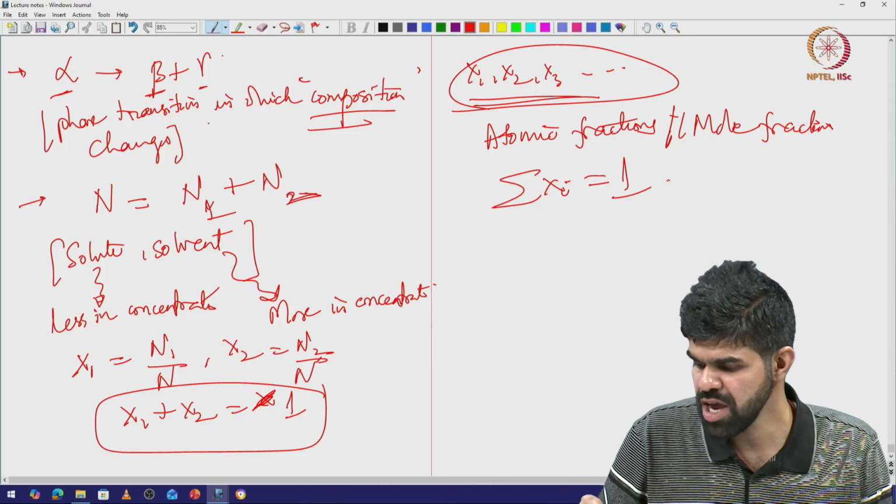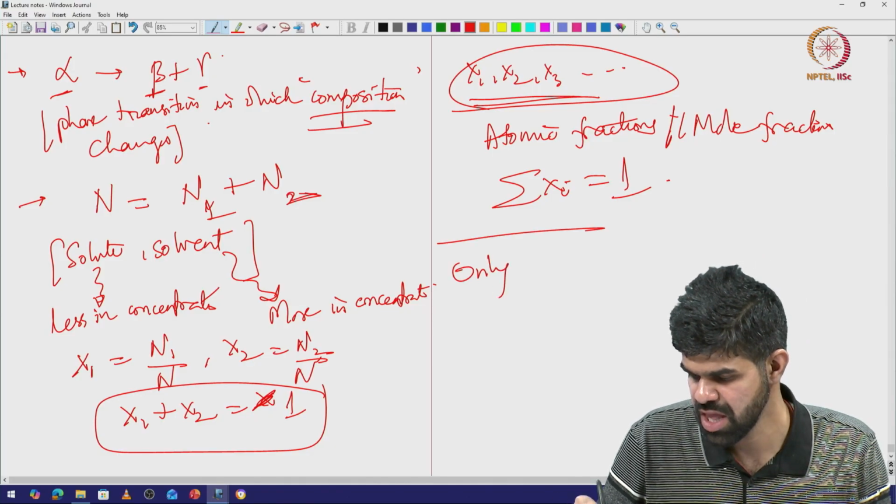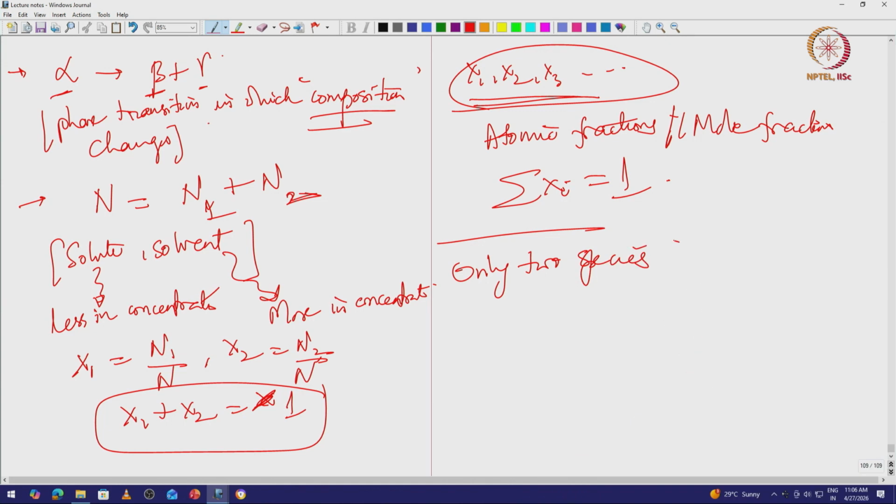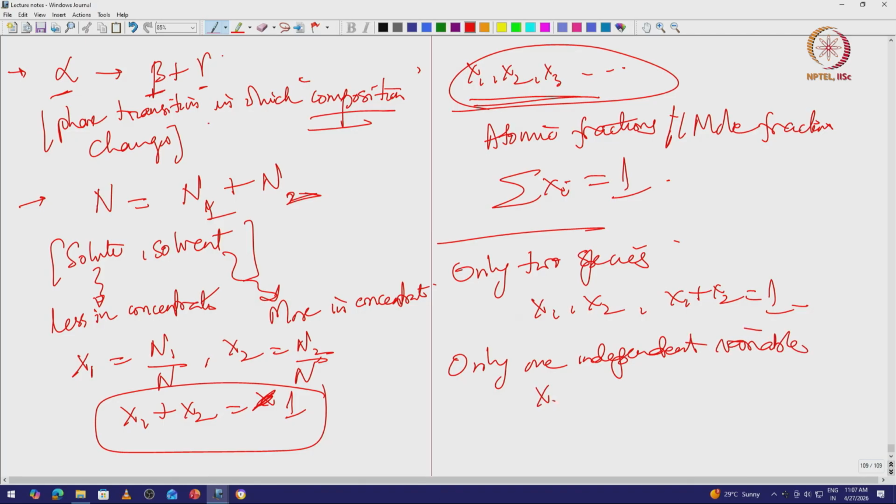Now, if I have only 2 species, what does changing composition mean? I have x1 and x2, but x1 plus x2 equal to 1. So, I have only one independent variable, and that is x2.